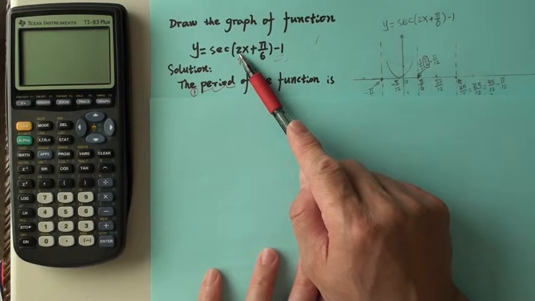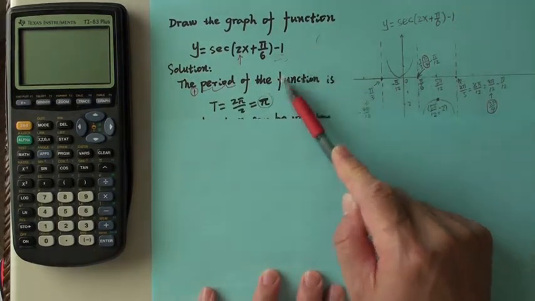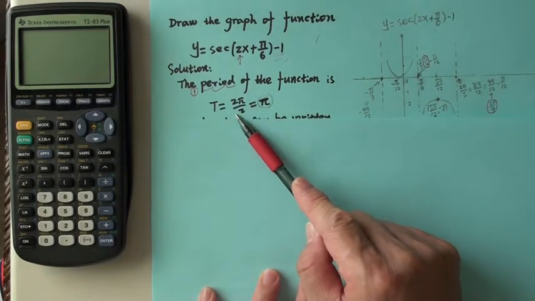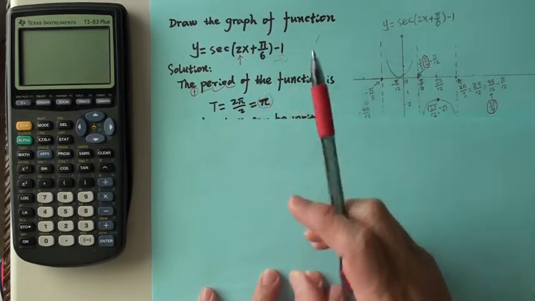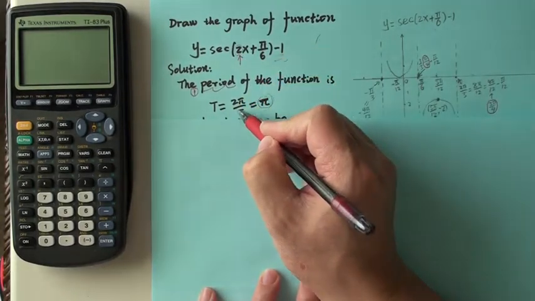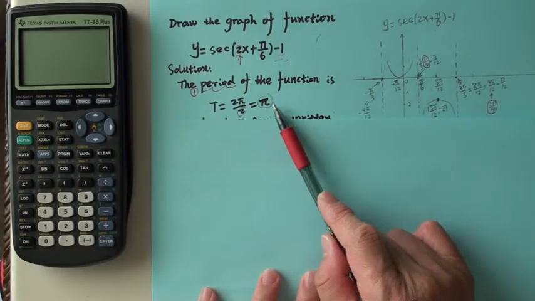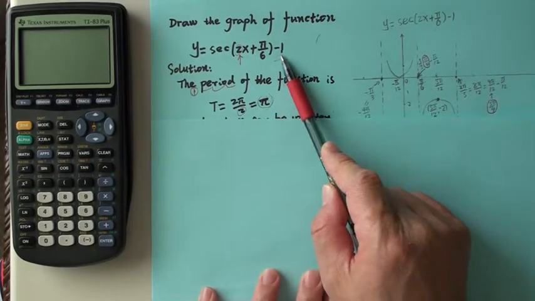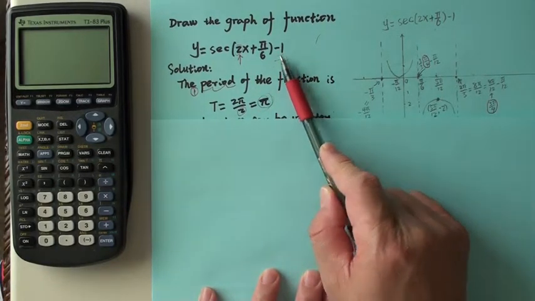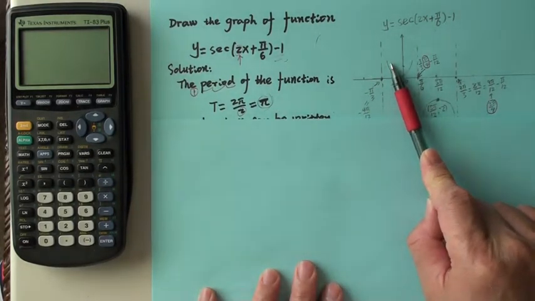But here there is a coefficient 2, so it will be 2 pi divided by this coefficient. So the period comes to be pi for this one. That's one thing, we know the period, and it is smaller than 2 pi.